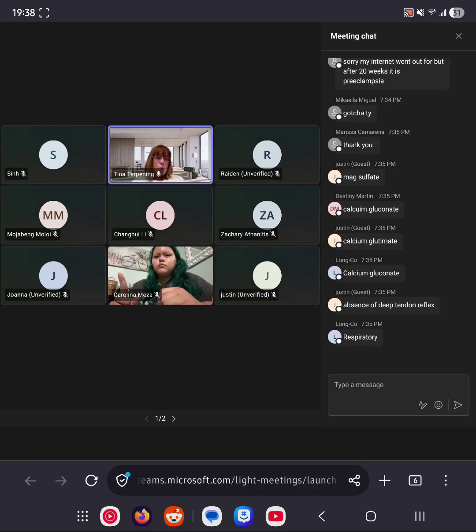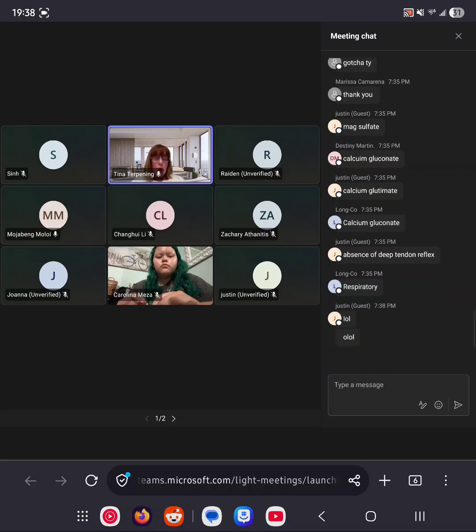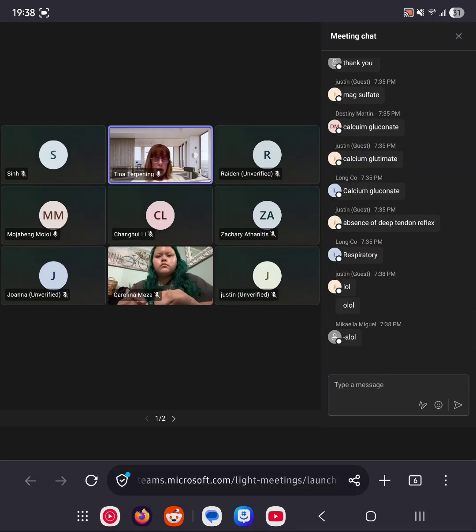Beta blockers always end in what? Because you're taking your pharm HESI too. Beta blockers always end in what? OLOL, ALOL, or ILOL. Okay. We have lots of them now, so they had to start adding more. It used to just be OLOL, but now we have ALOL and ILOL.